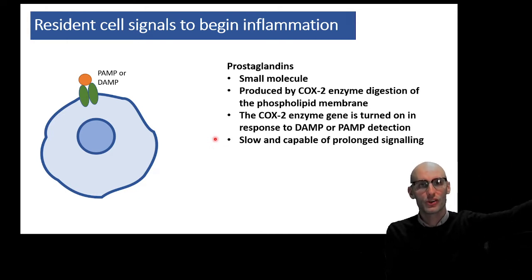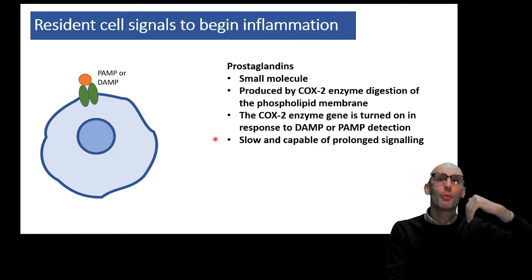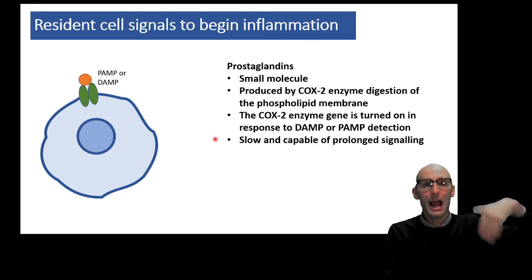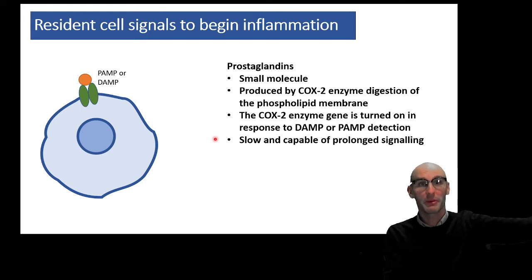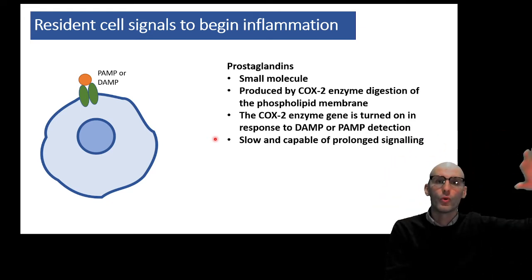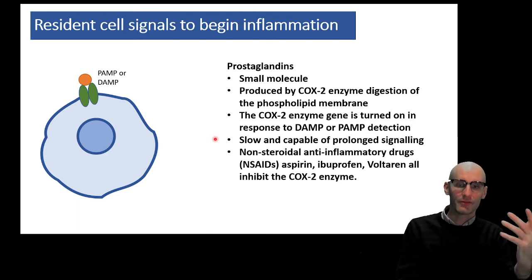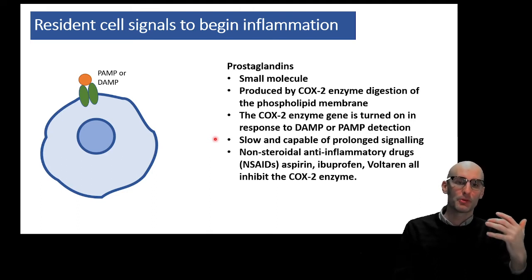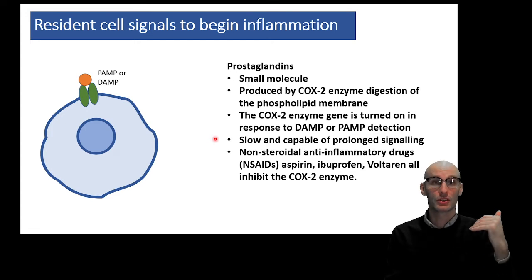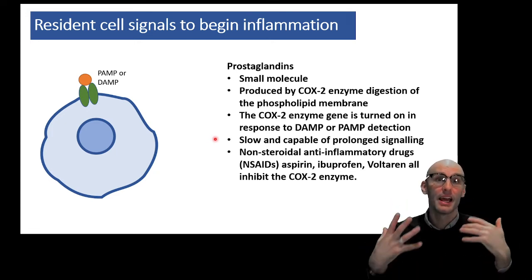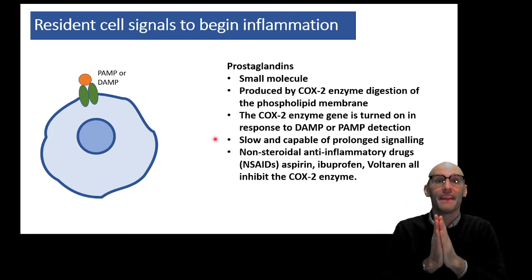Think about it. It took a piece of our phospholipid membrane, we changed it to a prostaglandin. Now it's soluble in the membrane. That's where we got it from. So now it can flow through all the barriers of the human body. Now, non-steroidal anti-inflammatory drugs like aspirin, ibuprofen, Voltaren all inhibit the COX-2 enzyme. So they inhibit the production of prostaglandins. And that's how they work.